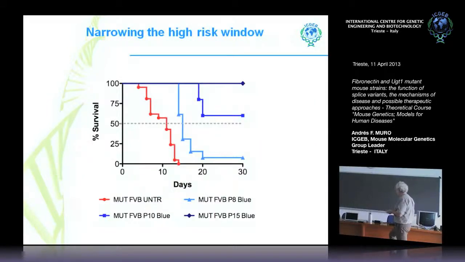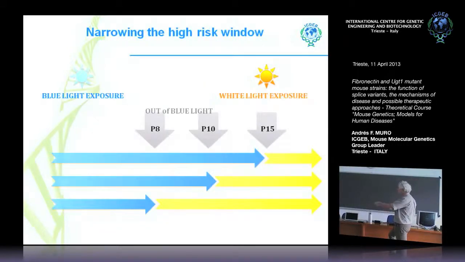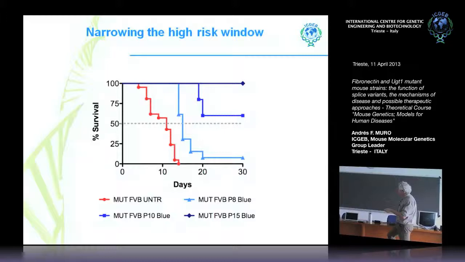After this period, the animals were transferred directly to normal life conditions, and we analyzed their survival. You can see here clearly the animals that were treated for 15 days, for 10 days, for 8 days, and the animals that were not treated. So we selected a condition in which more or less 50–60% of the animals survived.